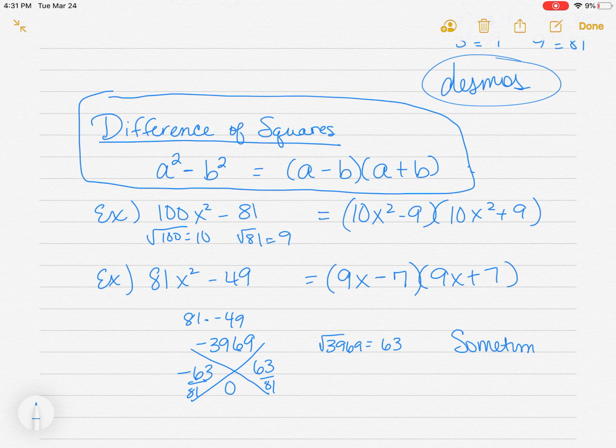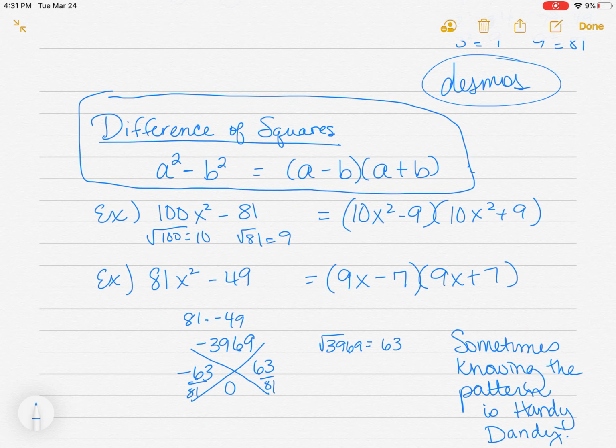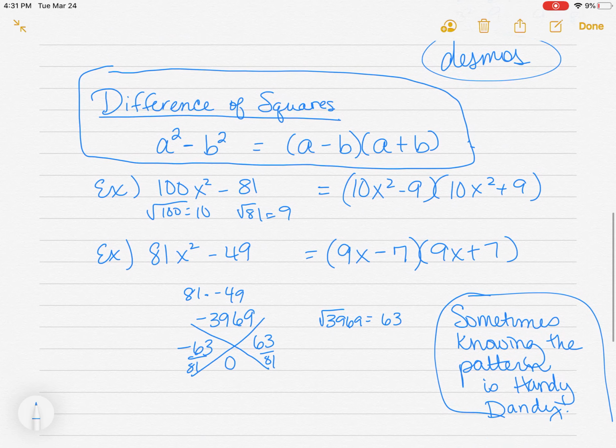So sometimes knowing the pattern is handy dandy. All right, so yes, you can do them with the X method, but if you know the pattern, it's easier.